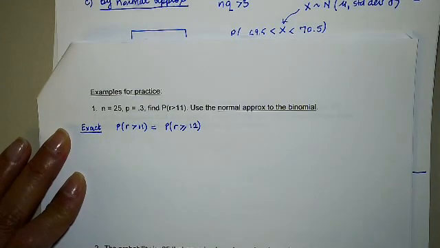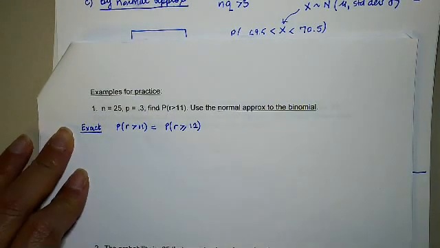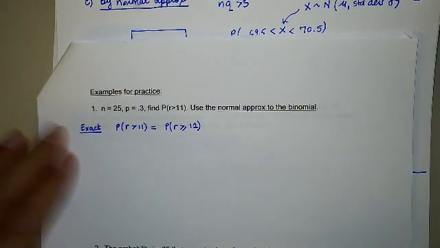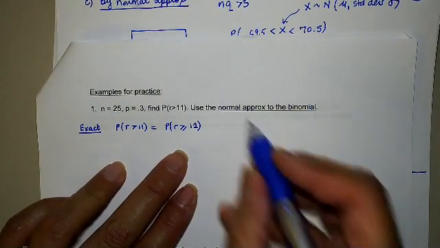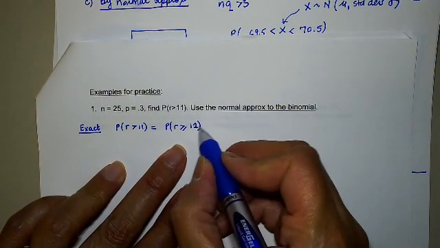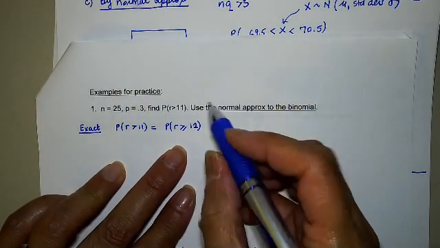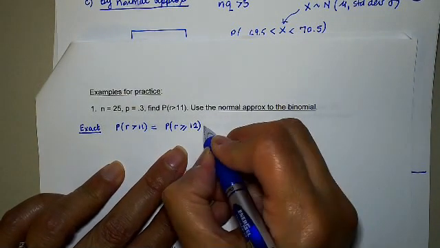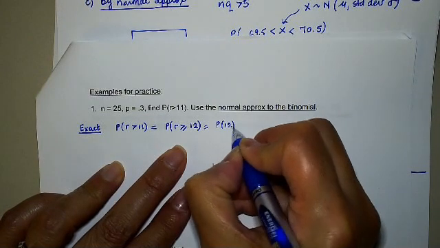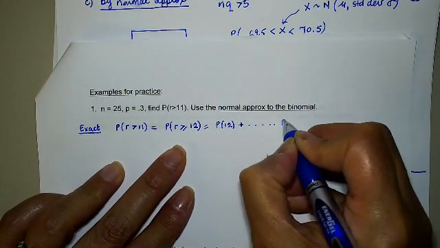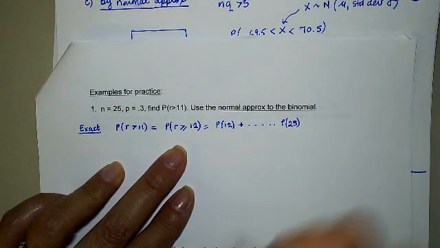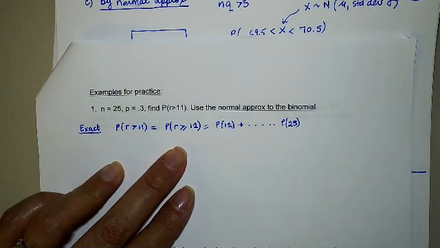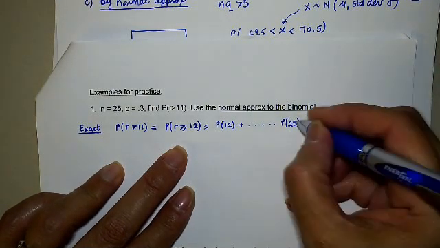So first let me do the exact answer. Probability R greater than 11 is equal to probability R greater than or equal to 12. Do you agree with that? Always want to put it in terms of including a certain number.